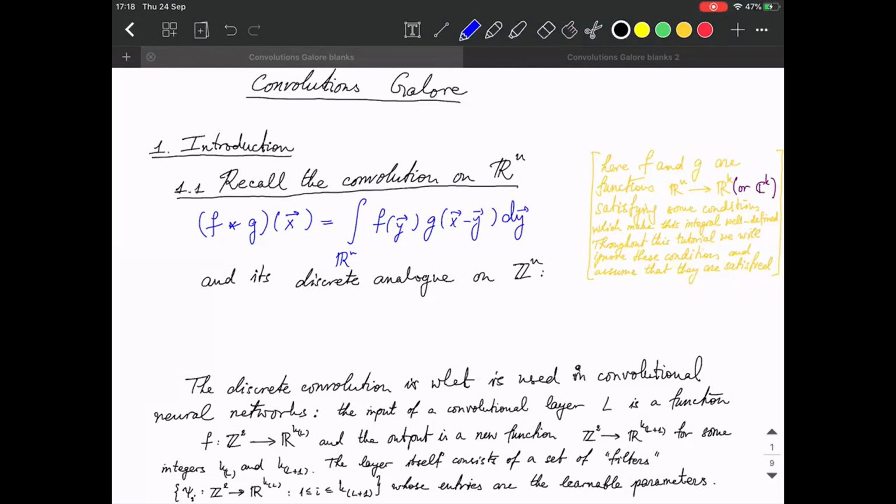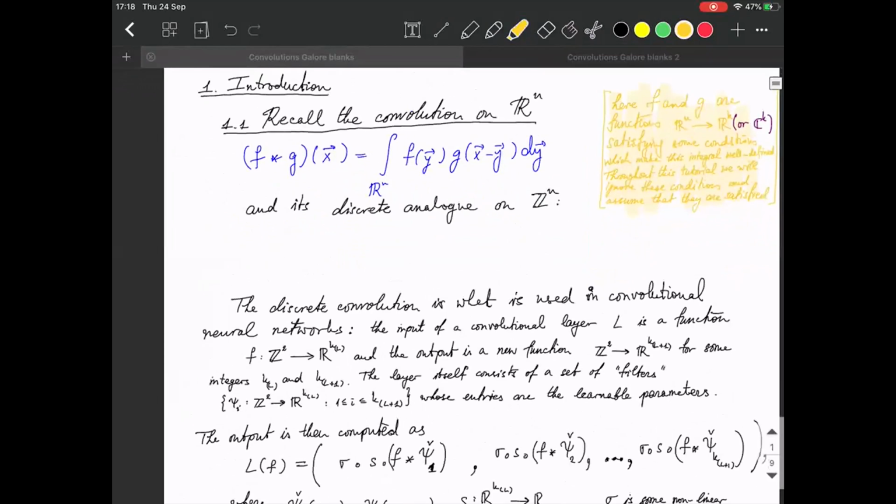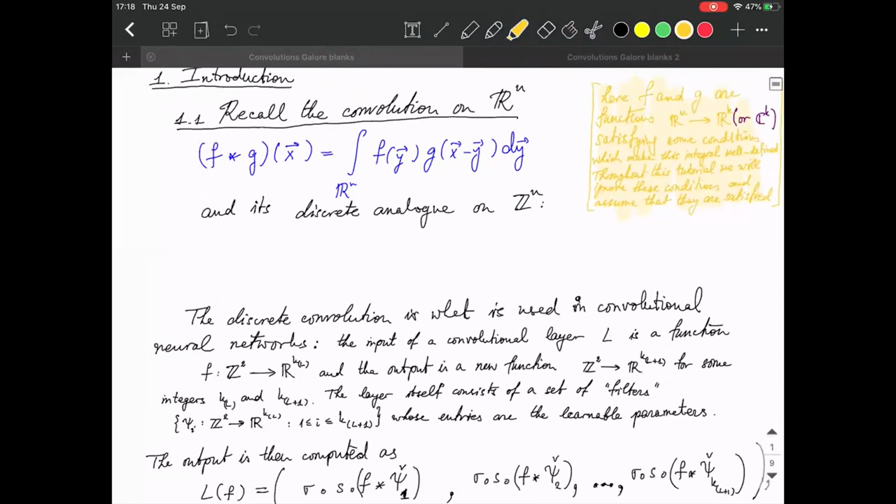And just a little caveat here, of course, for this integral to exist, these functions have to satisfy some constraints, but I'm just going to pretend that these constraints are always satisfied and ignore them. It will be the case for most functions that you try to convolve, as long as the functions decay appropriately at infinity.